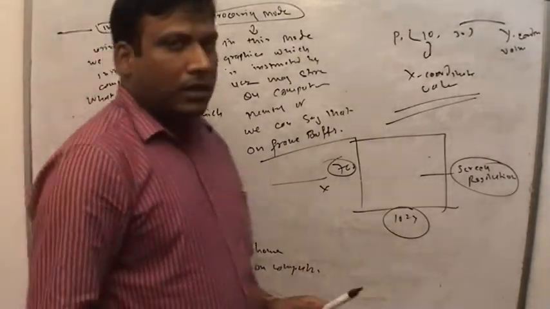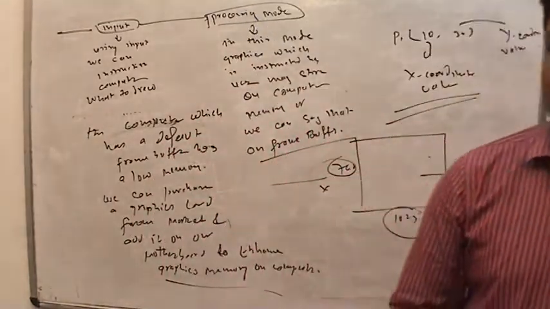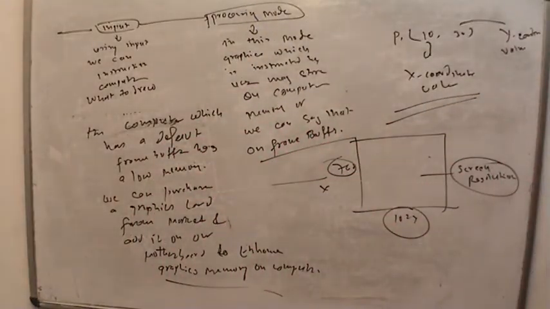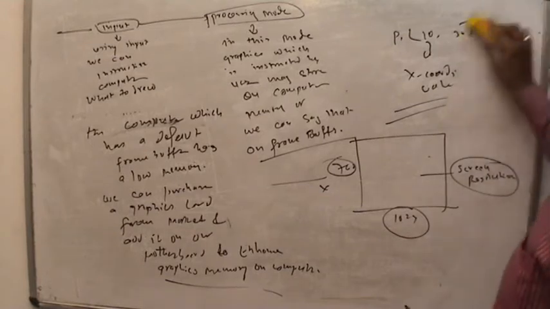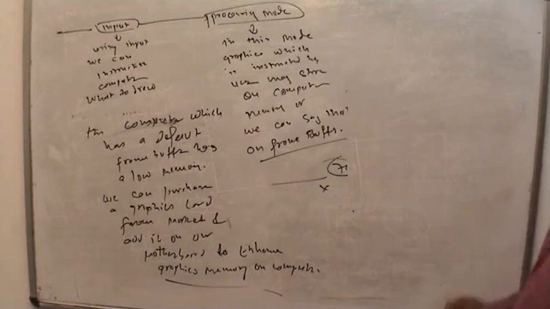So if you want to enhance the frame buffer memory, you have to purchase a graphics card from market and you have to add it on your motherboard to implement heavy graphics.